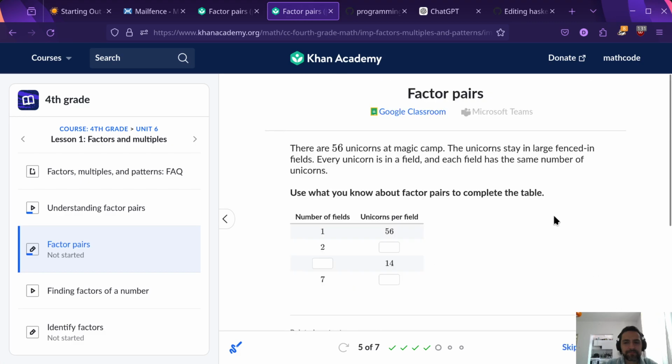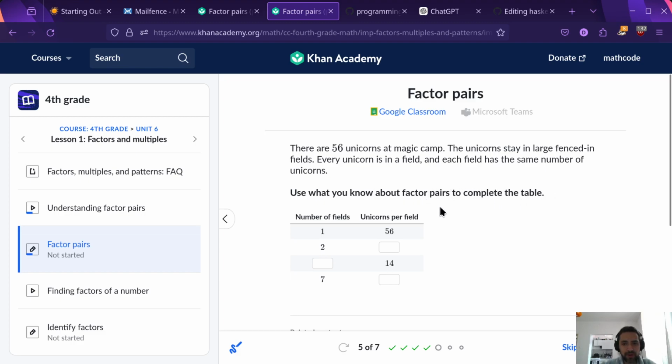So you see, now I can solve everything because I have a generalized function. There are 56 unicorns at Magic Camp. The unicorns stay in large fenced-in fields. Every unicorn is in a field, and each field has the same number of unicorns.